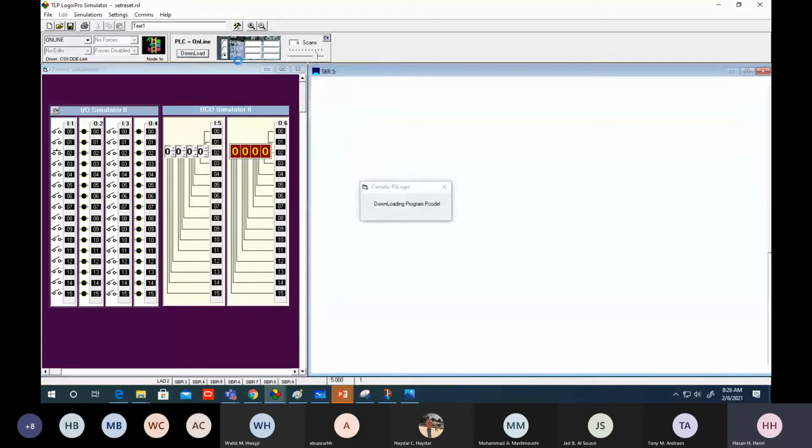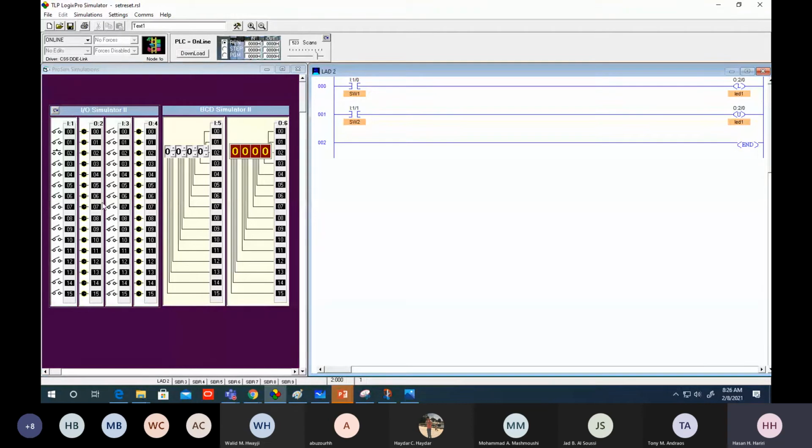So now I download the problem and I run it. What will happen if I press switch 1? It will be on, the light will be yellow, on. What happens if I switch 1 off? It stays on. Good. Nothing will happen. What if I press switch 2?